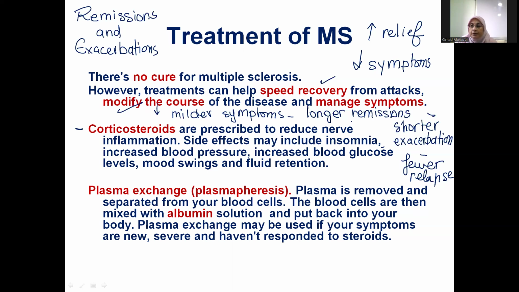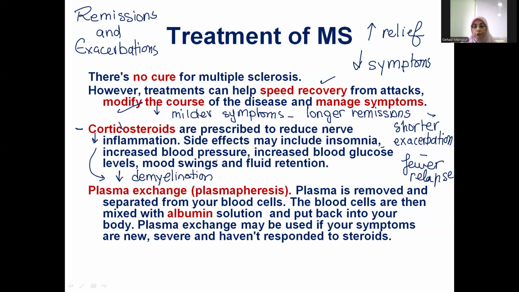And if you diminish the amount of inflammation, you cannot prevent it altogether, but you will definitely diminish the extent of demyelination. So it's important to diminish inflammation, because diminishing inflammation means diminishing the severity of demyelination.